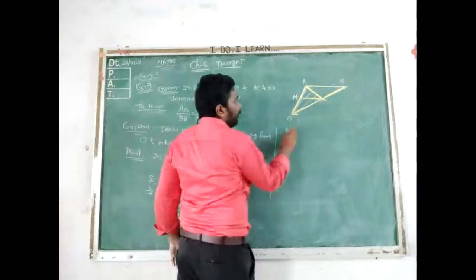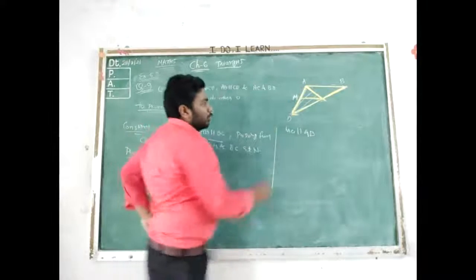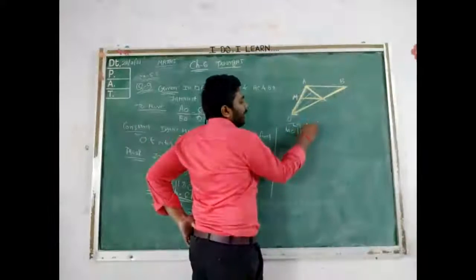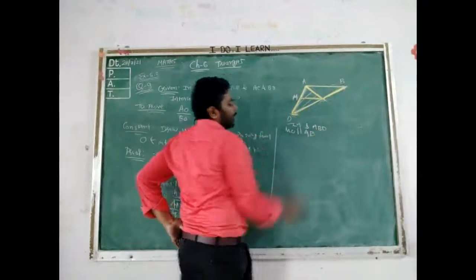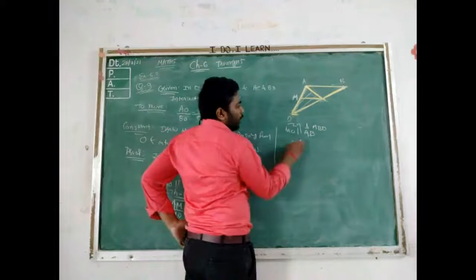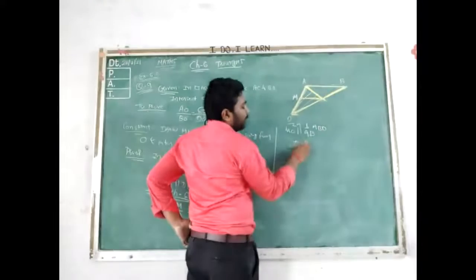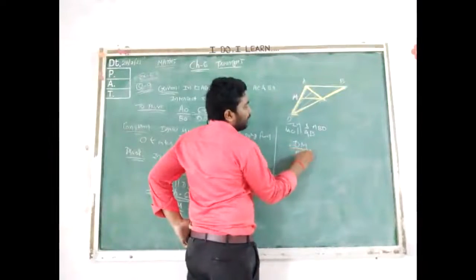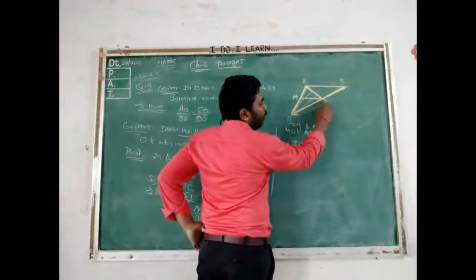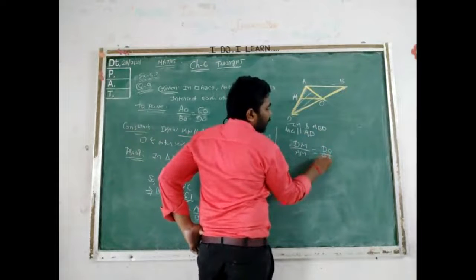So we can write MO is parallel to AB. This is given to us. In triangle ABD, MO is parallel to AB. So we can write DM upon AM is equal to DO upon BO.